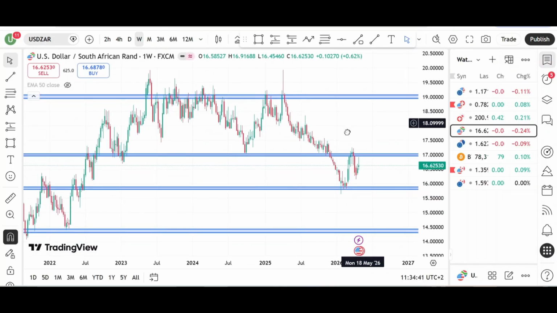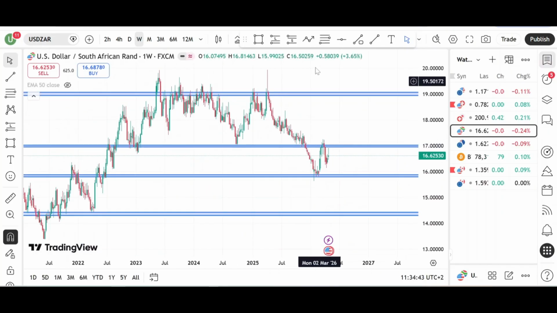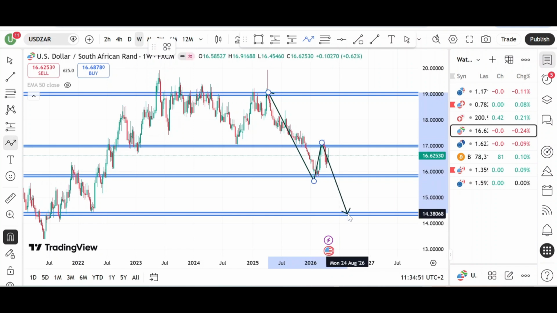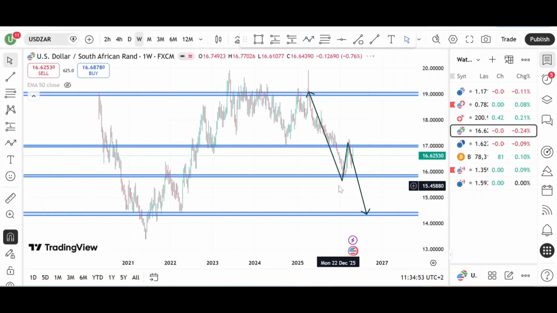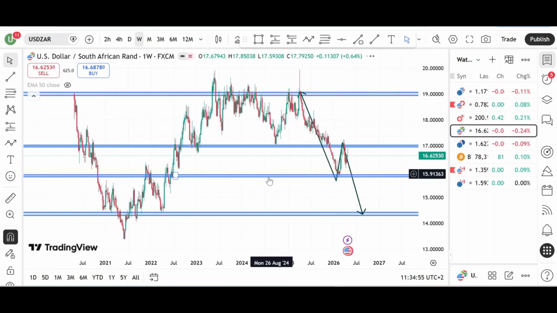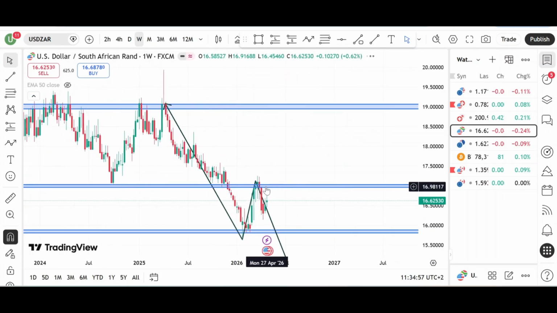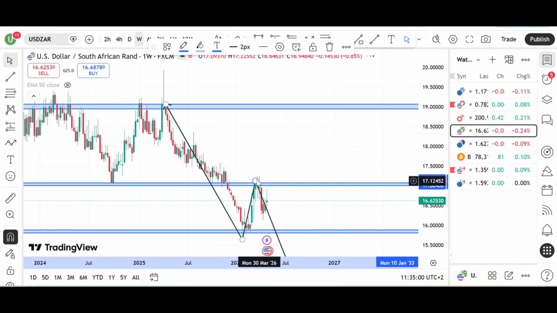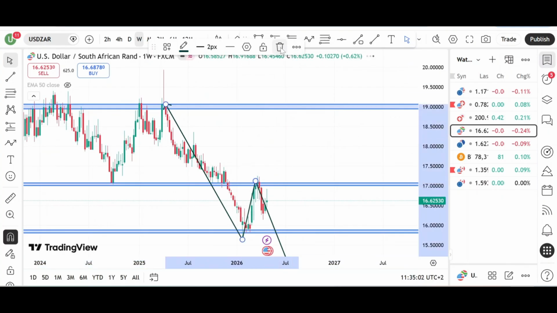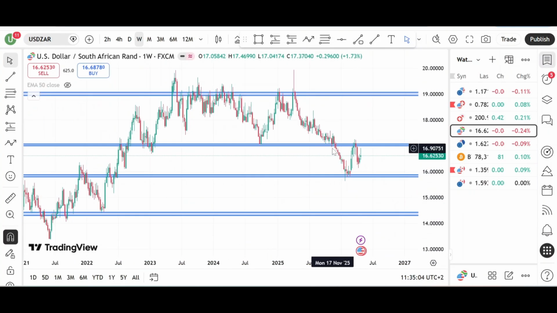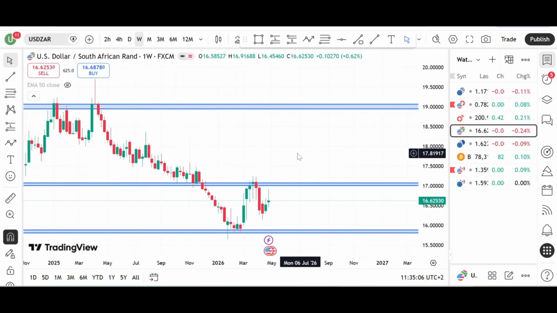Now we can see we have been in a downward trend where we have seen a break of structure create lower low, lower high. After seeing a lower high, what you can expect is a break of structure and then enter for continuation. So how are we going to capitalize on this downward move?